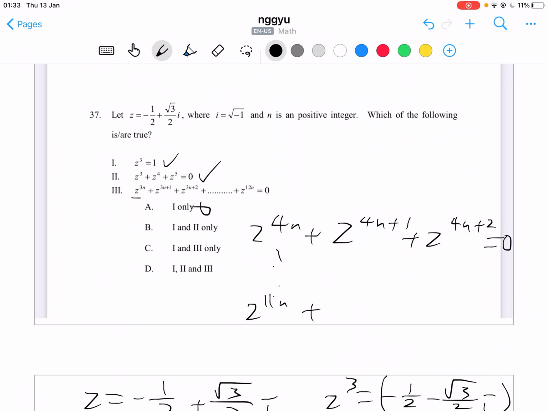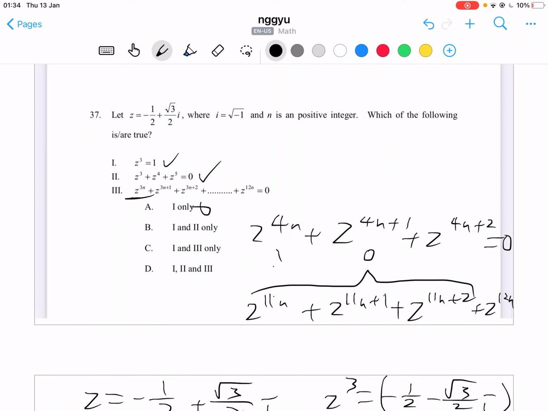Remember the sequence started with z to the power of 3n, so the last few terms will be z to the power of 12n minus 2... z to the power of 12n minus 1 and z to the power of 12n, and these three together are 0, but we still have z to the power of 12n at the end.